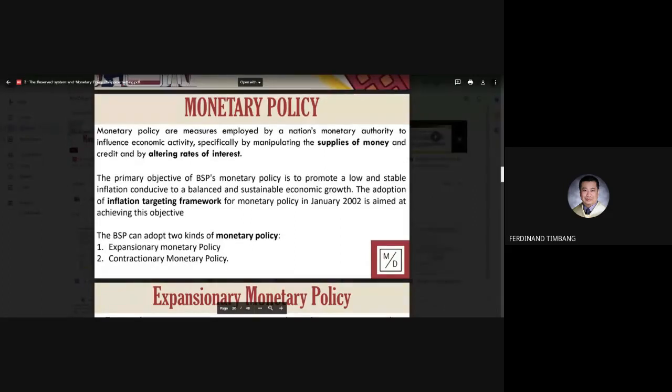Pero ngayong pandemic, ano naman ang ginawa niya? Ngayon, nagkaroon tayo ng coronavirus, yung COVID-19. Justin? Anong ginawa ni Governor Jokno? Sir, bumili po ng mga securities para makapaglabas ng pera.